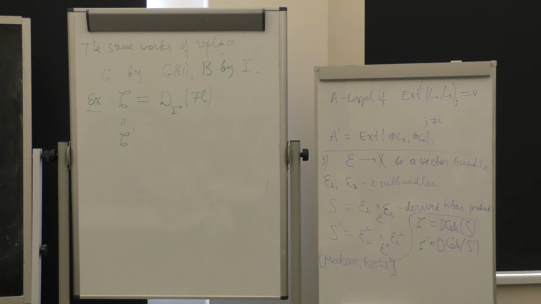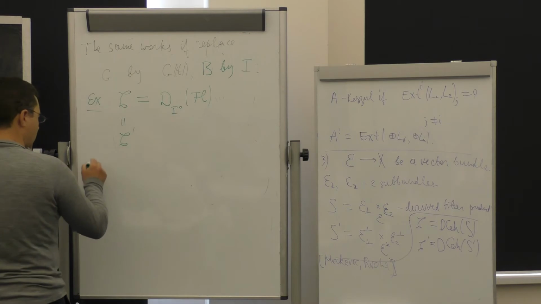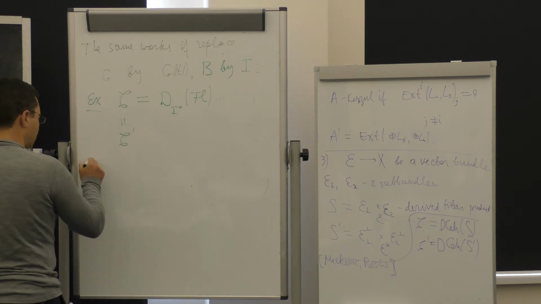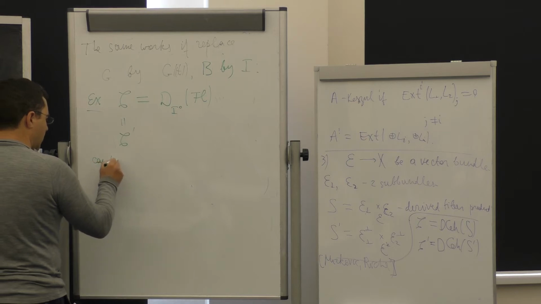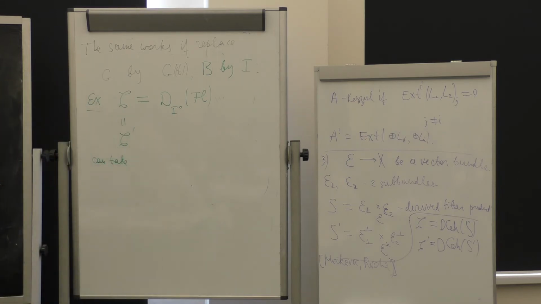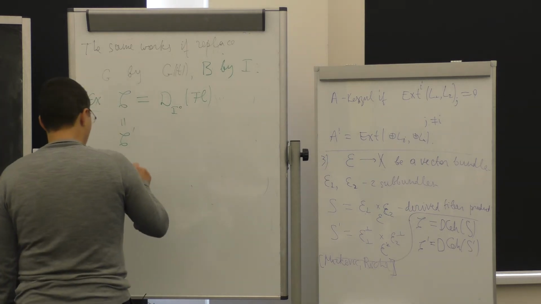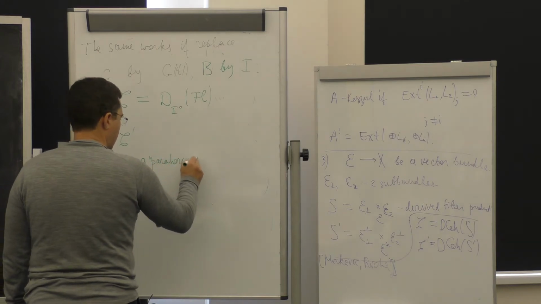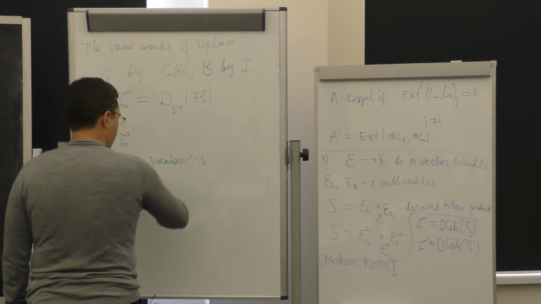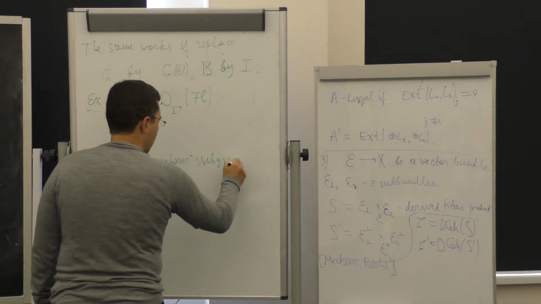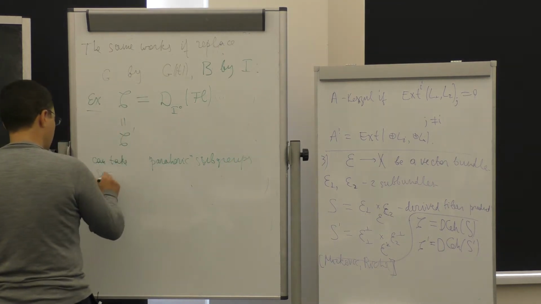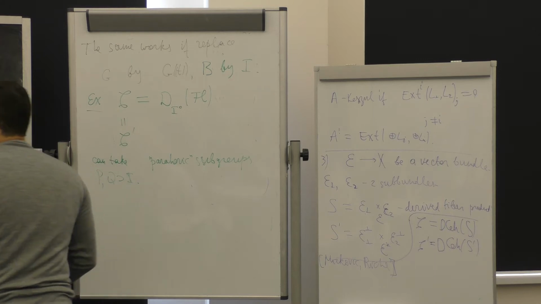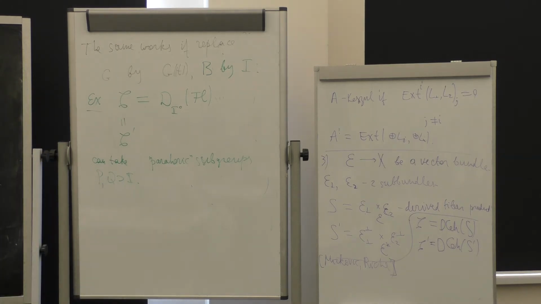Or, just as before, we can take a parahoric subgroup, an analogue, P and Q containing I, and also use some sort of psi there.